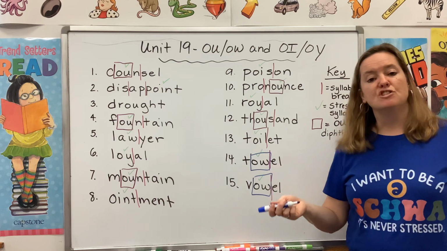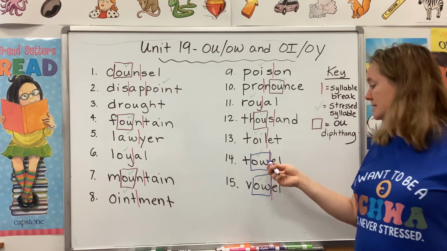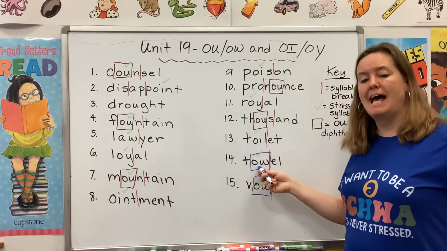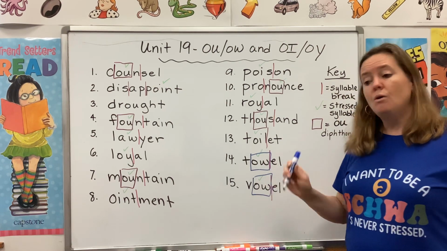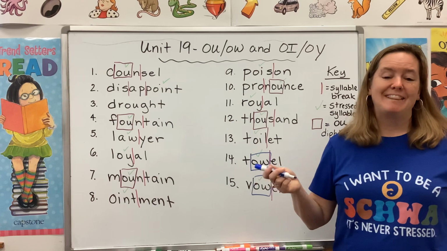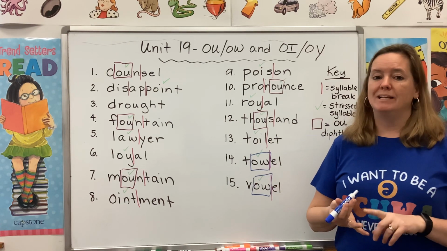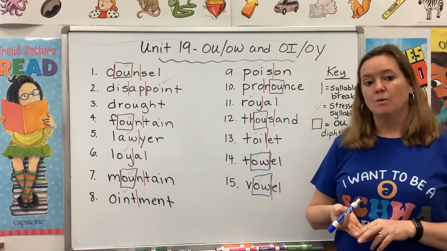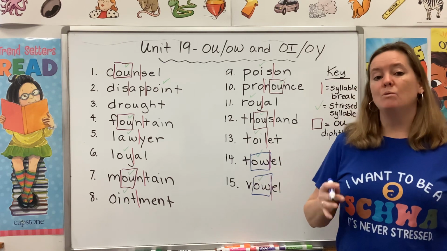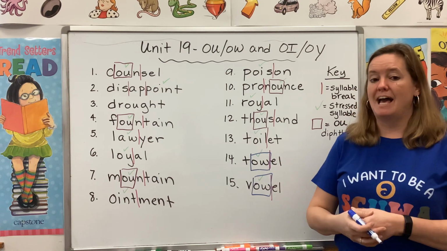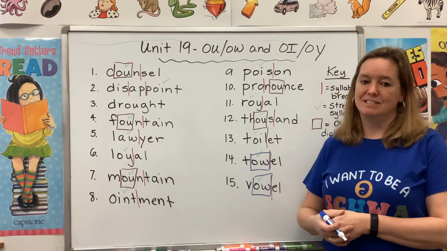Notice the location of OW. See how it's at the end of a syllable? Towel, vowel. You are already familiar with this pattern at the ends of words like how and cow and now, okay? But you can see here that most of the time, OW is going to show up at the end of a word or the end of a syllable.